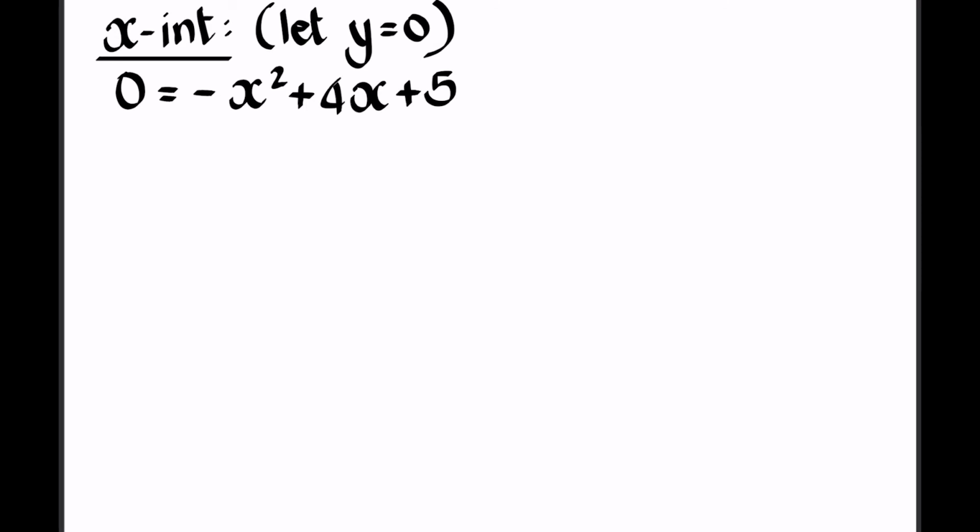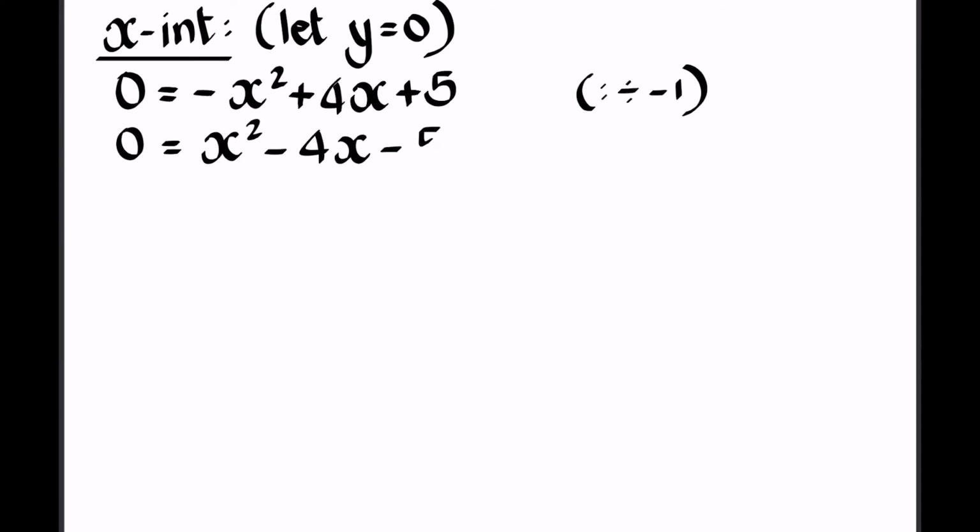And I'm going to solve this. So in order to solve this, I want to make my x positive, and in order to do that, I'm going to divide everything by -1. When I divide everything by -1, 0 divided by -1 is 0, is equal to -x squared divided by -1 is x squared. Positive 4x divided by -1 is -4x. And positive 5 divided by -1 is -5.